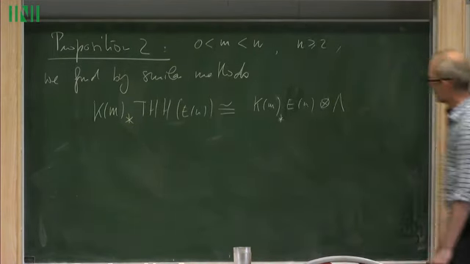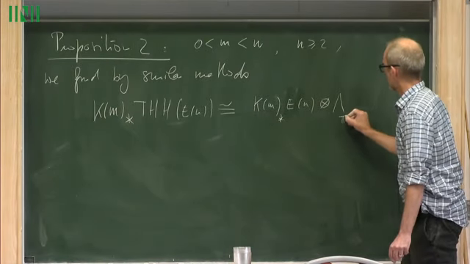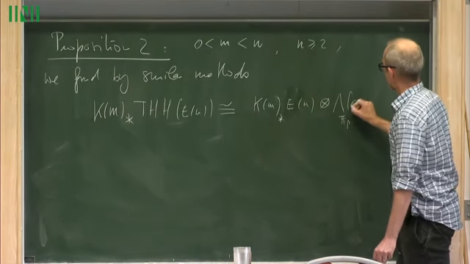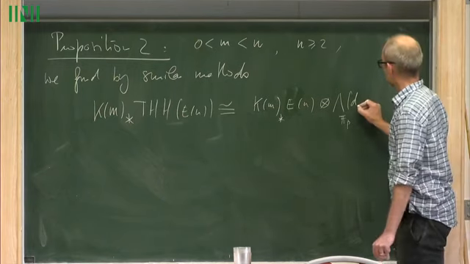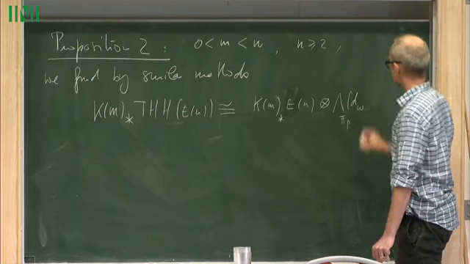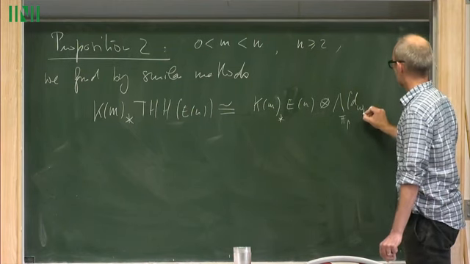The answer is the new tensor with an exterior algebra over Fp, and then you have the differential on the classes on the right units, n plus 1.